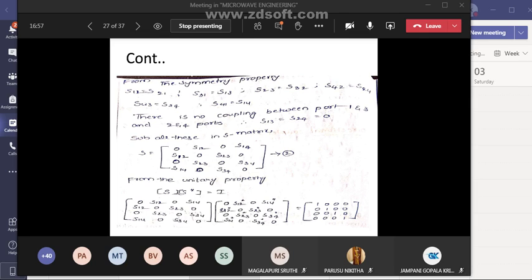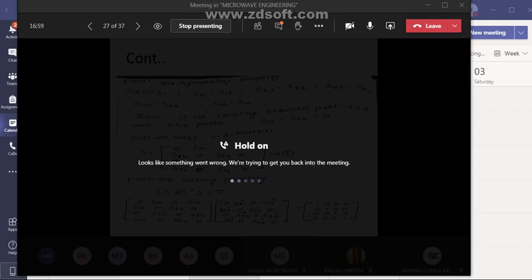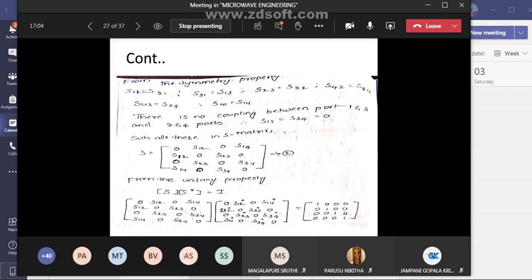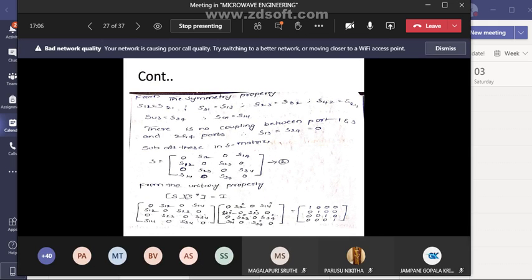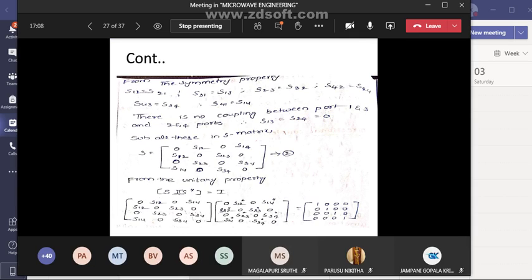There is no coupling between port 1 and port 3.